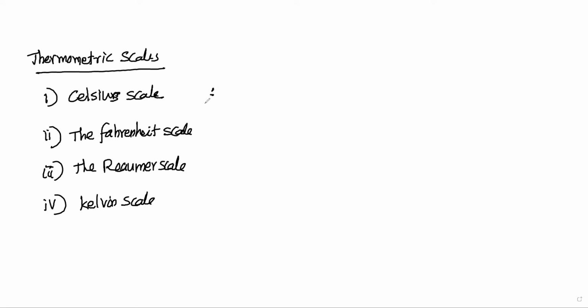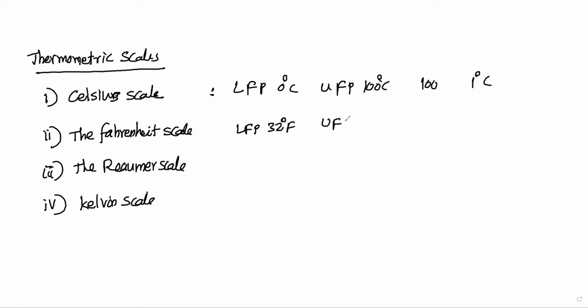What is the Celsius scale? Celsius scale, lower fixed point 0 degree centigrade, upper fixed point 100 degree centigrade. Between that, there are 100 divisions, so each will be 1 degree centigrade. Coming to the Fahrenheit scale, lower fixed point 32 degree Fahrenheit, upper fixed point 212 degree Fahrenheit, and the interval between them is 180.